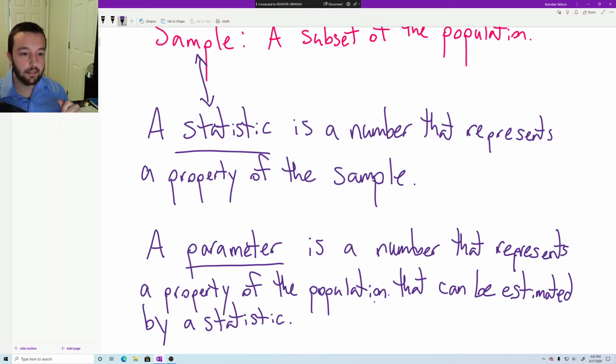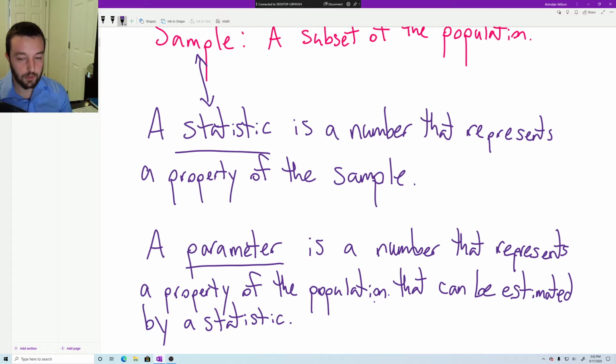And then I say, okay, based on this statistic, I believe that the parameter, the average of all of the exams, is also 75%. Okay. So whether or not I'm right, I can't know until I grade the rest of them. But that's what we're doing here. We're trying to guess what the parameter is based on the statistic.